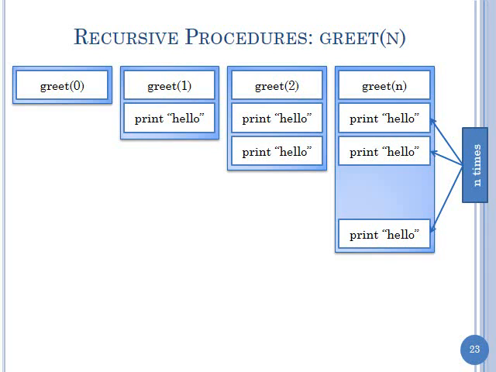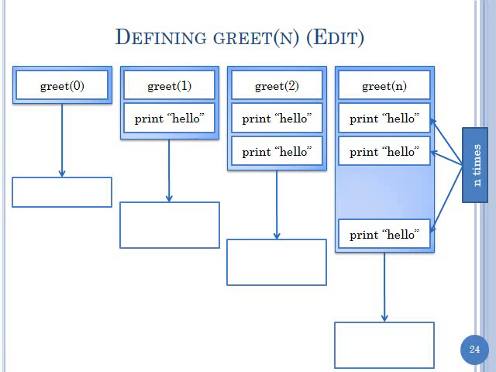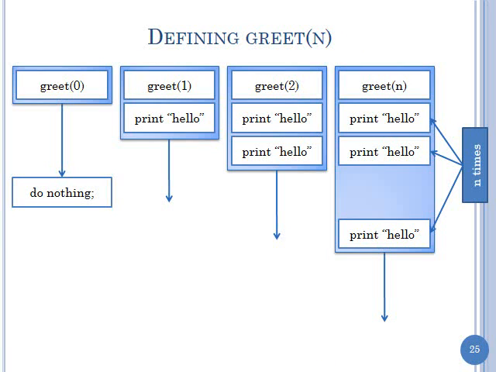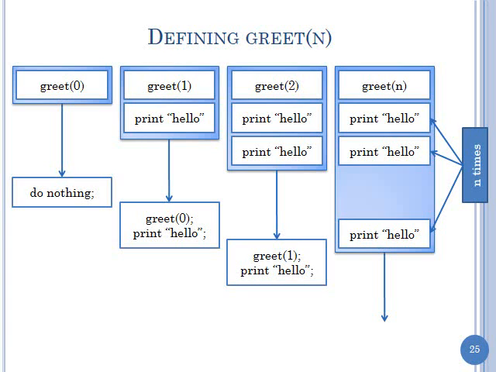Print hello and greet n minus 1. So the pattern is that when it's greet 0, we do nothing. When it's greet 1, we do nothing, followed by print hello. We greet n minus 1 and print hello.